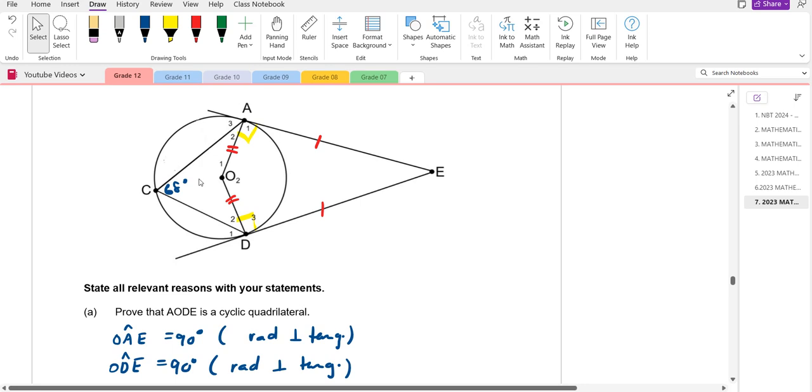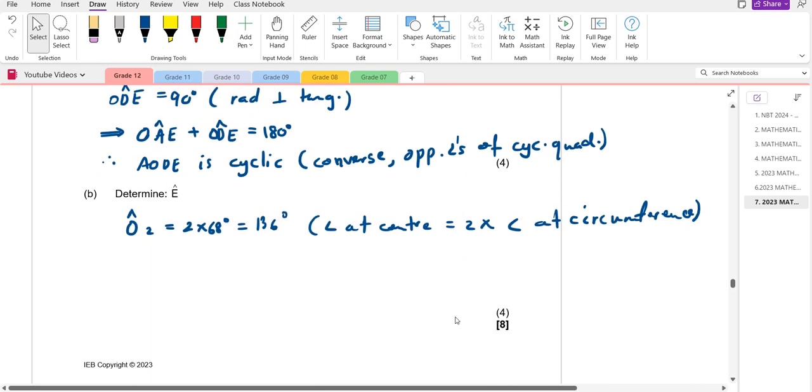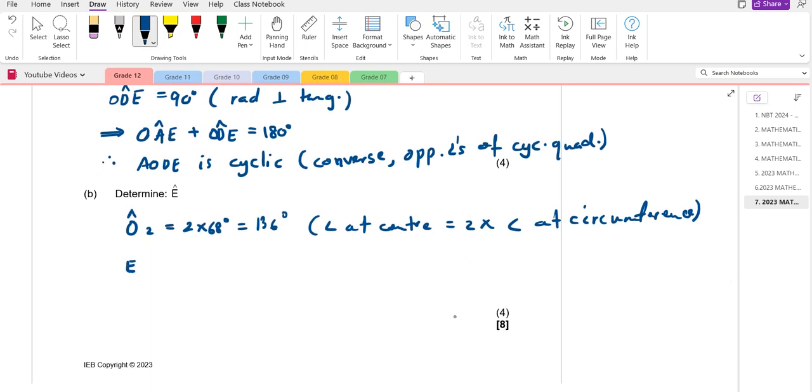So we got that. Then opposite angles of cyclic quad. So angle E is 180 minus O2. Angle E is equal to 180 minus 136, opposite angles of cyclic quad AODE.